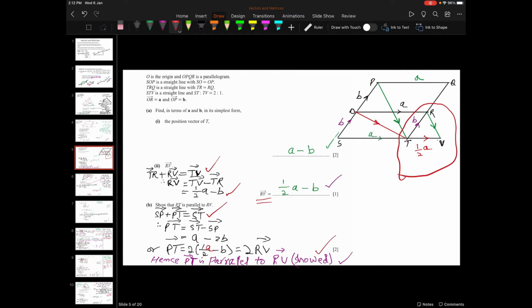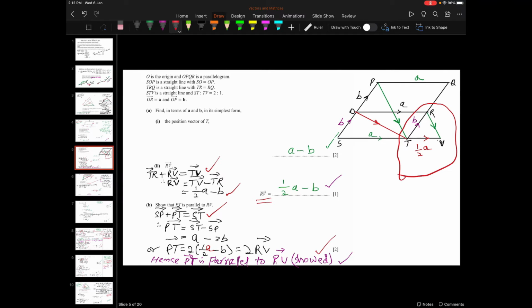Now we are going to show that PT is parallel to RV. For this purpose, we will again use tail to nose rule. Therefore, SP plus PT is equal to ST and PT is equal to ST minus SP. Now substitute the value of ST and SP.